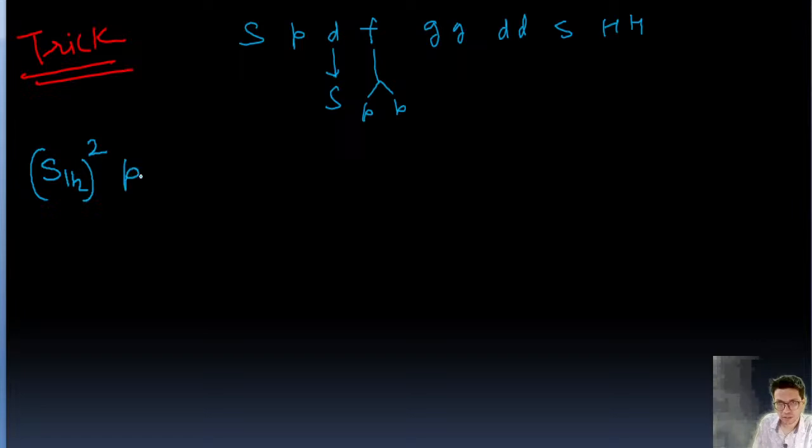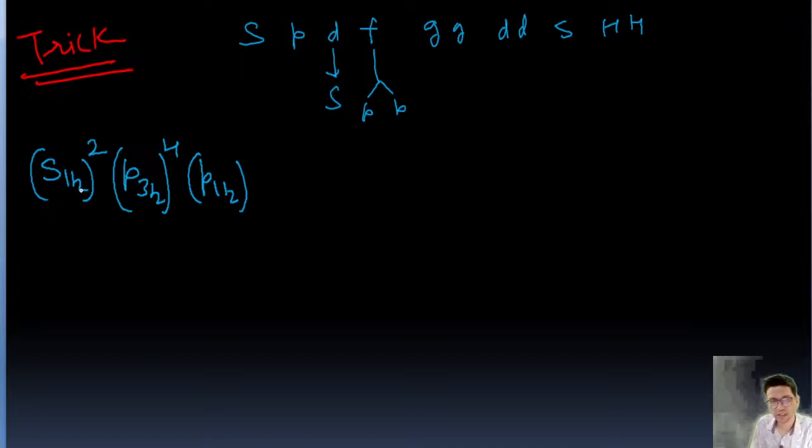One is P 3/2, in which there would be 4 electrons, and then P 1/2. So for P there are 2 levels, P 3/2 and P 1/2. For S there is only 1 level, that is S 1/2. So total electrons in the P orbital is 6: 4 here and 2 here. This you need to understand.